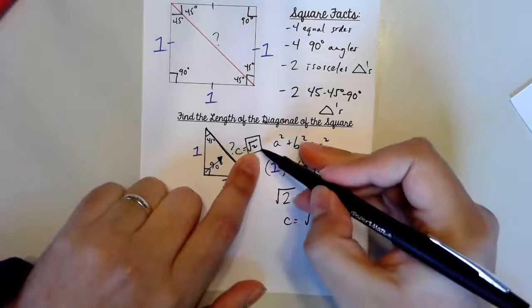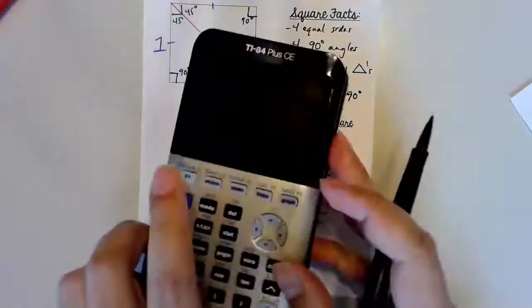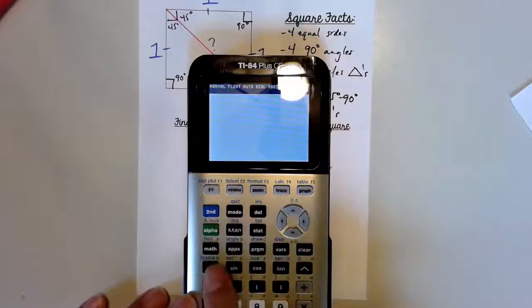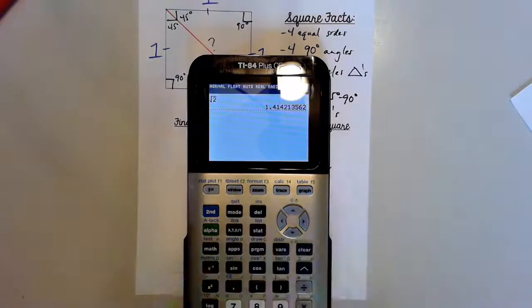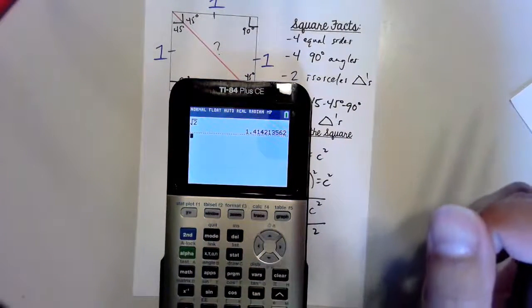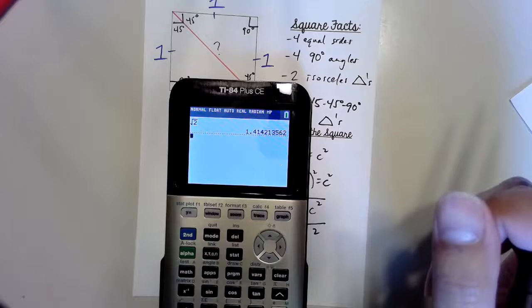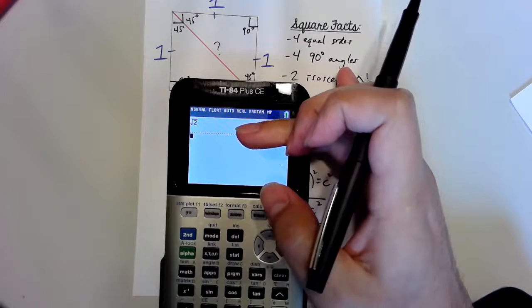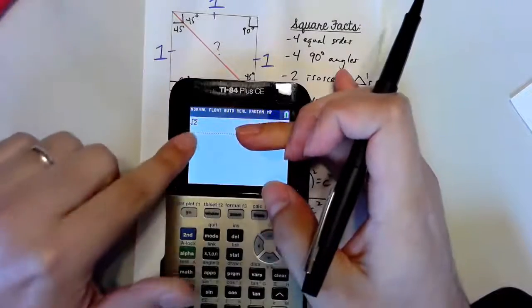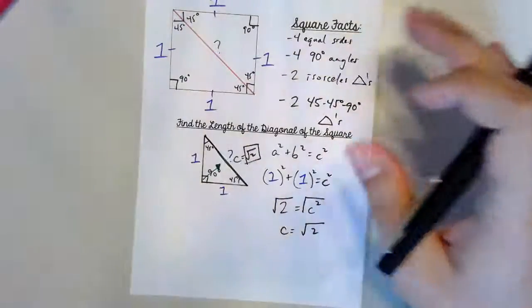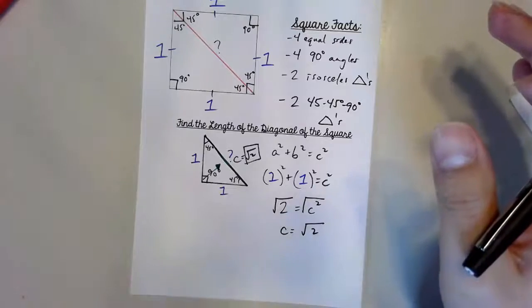But if it's like this, an irrational number, square root of 2, 1.414213, and it keeps going on and on. I don't want you to use this. This is not the number we're going to use anymore. That's just an approximation. I want you to use just the exact. Okay, that's especially important when we start getting more into trig.